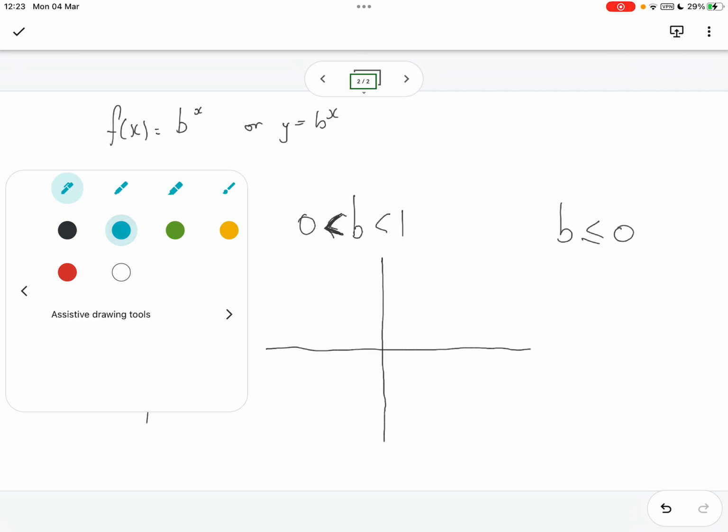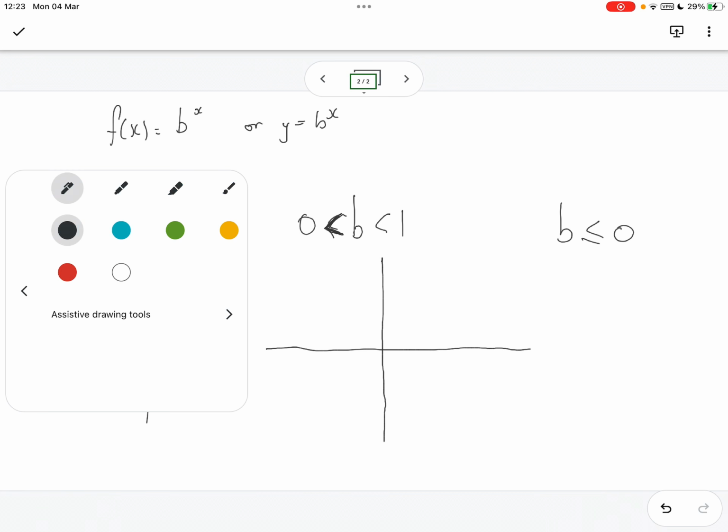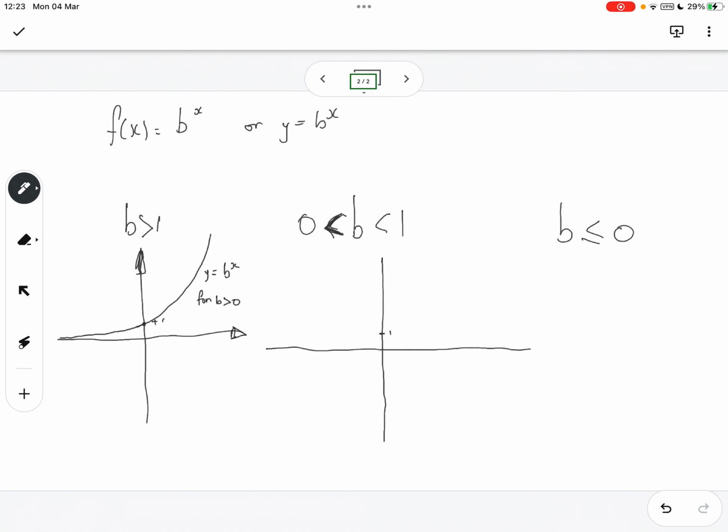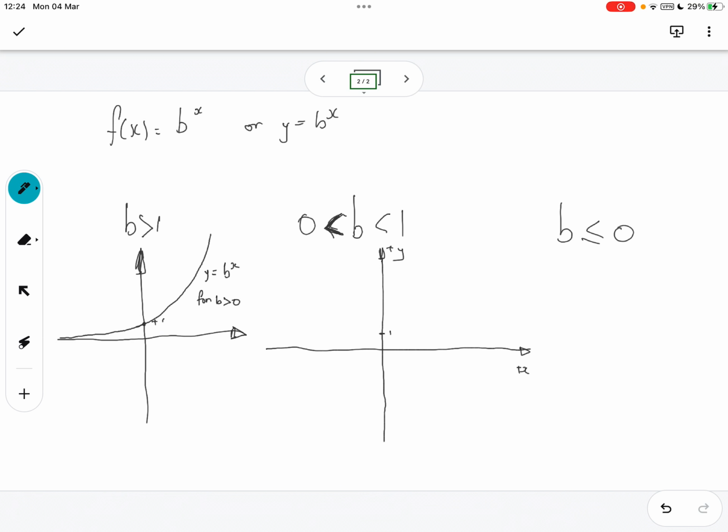And then for this graph, it intercepts at y equals 1 as well. And this is positive x, positive y.